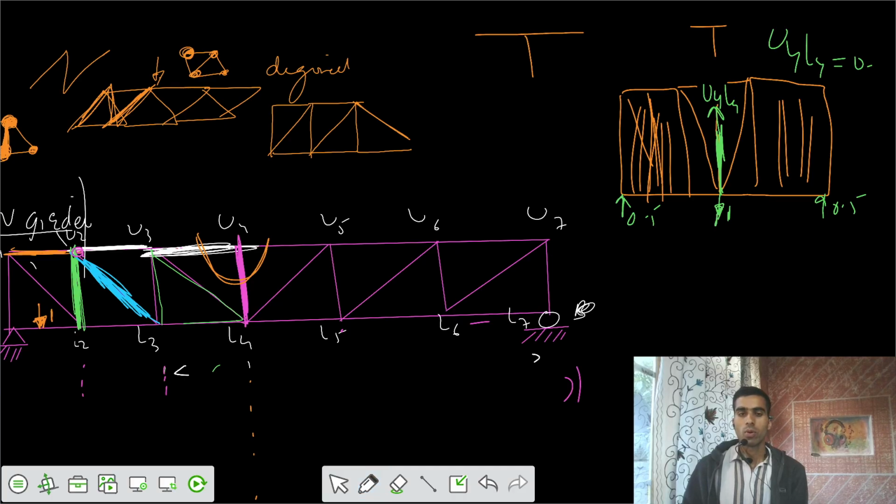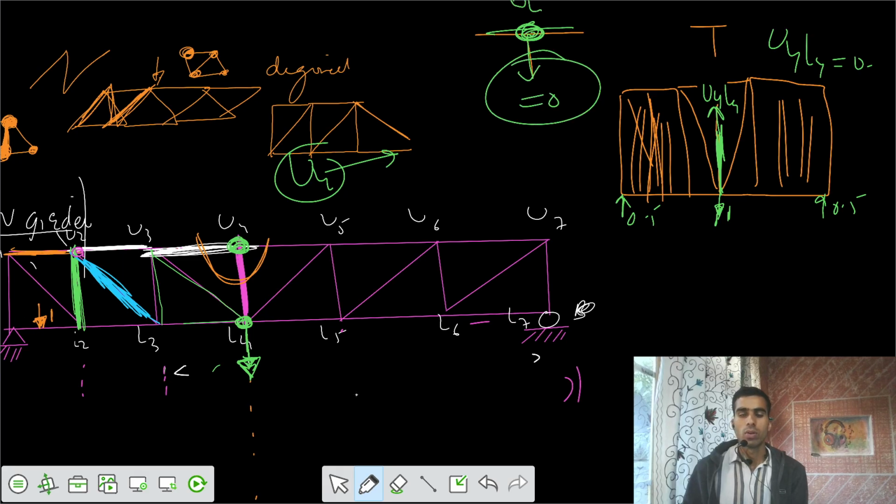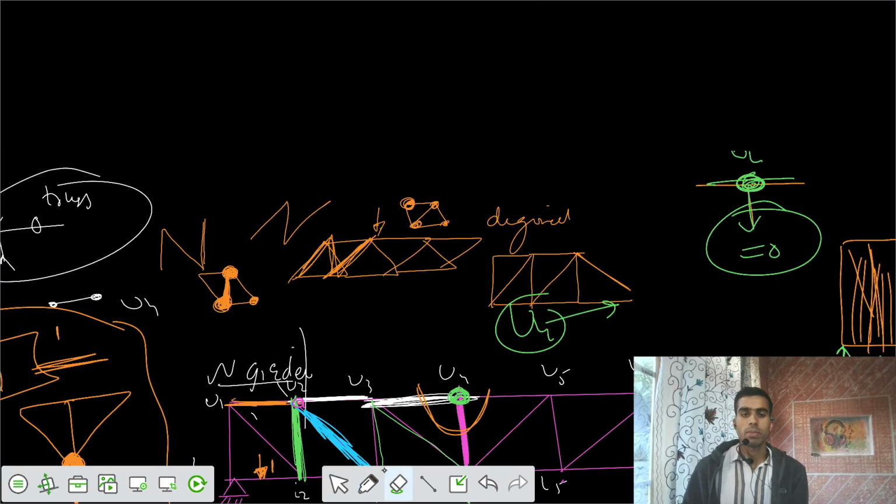Similarly, if the load is transferring at the L4 location, that is, the loading is through type, that means at U4 there is no load. Directly you can say that if there is no load at U4L4, there is no force in this member either.